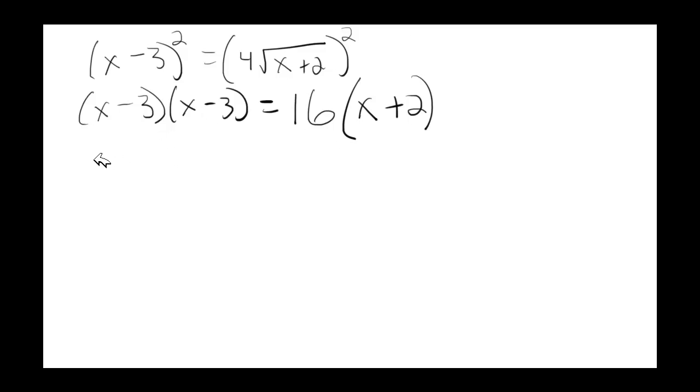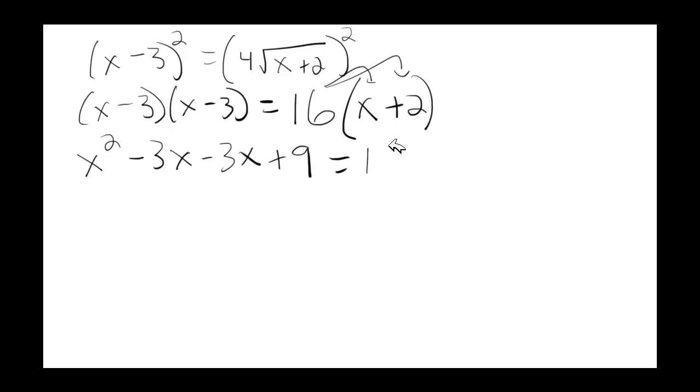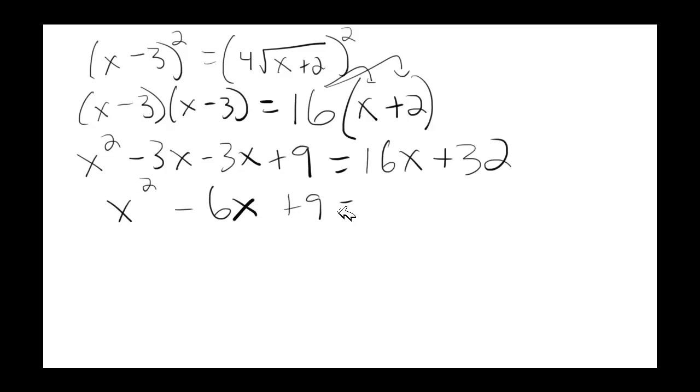So here I'm going to FOIL. This gives me x squared minus 3x minus 3x plus 9. And here's more distribution. So 16x plus 32. Okay, what kind of equation do we have? I'm going to collect up like terms over here. And sure enough, we've got a quadratic.